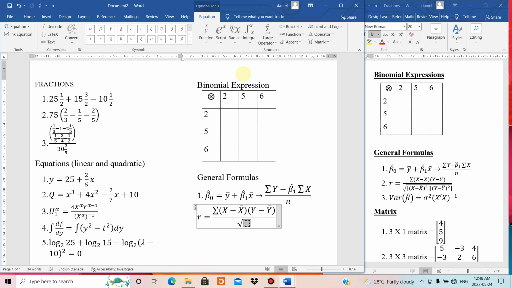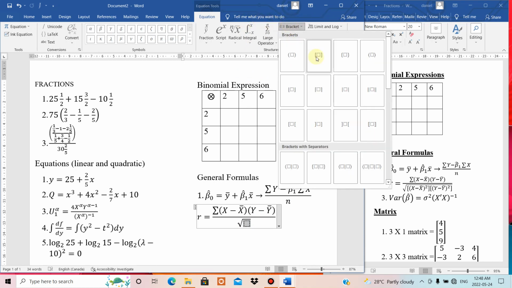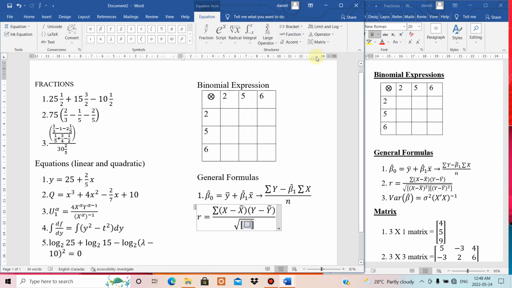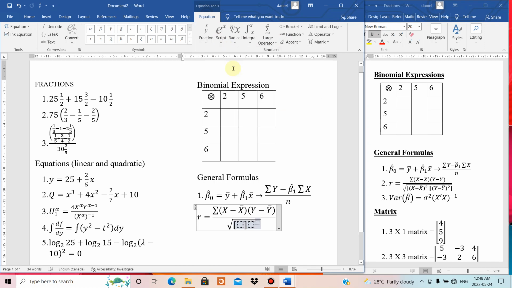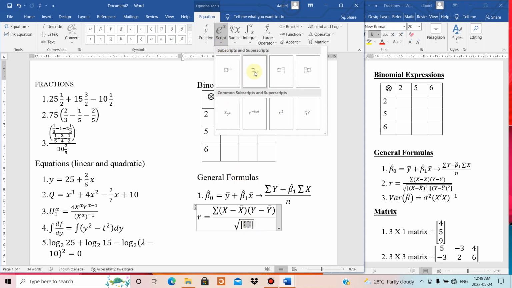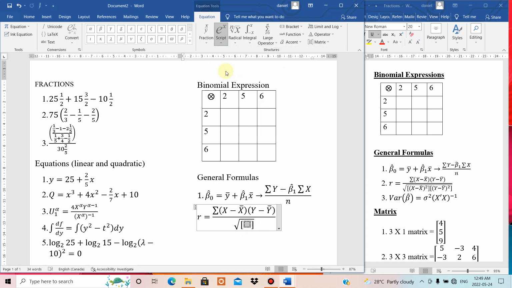So first we introduce this bracket. Now x minus x bar has an exponent of 2. So we introduce that. You need to make sure that your shaded portion is within the box, else you write a different expression.